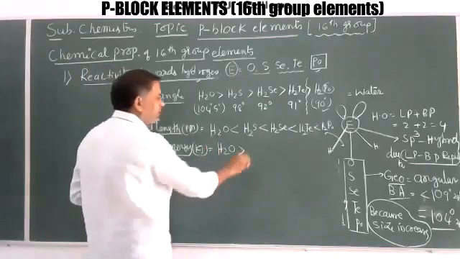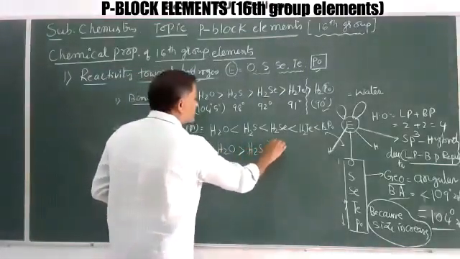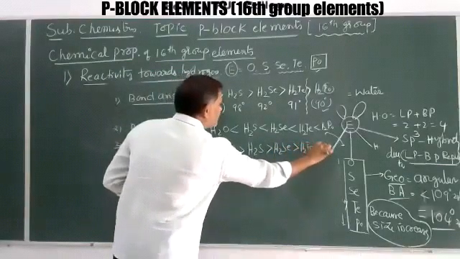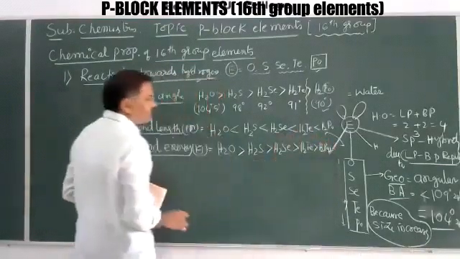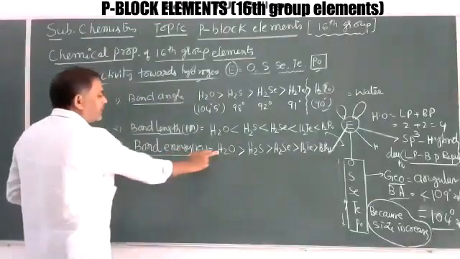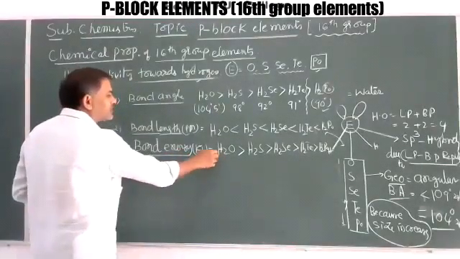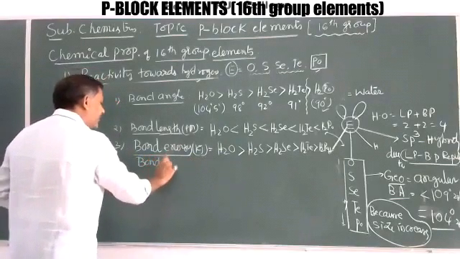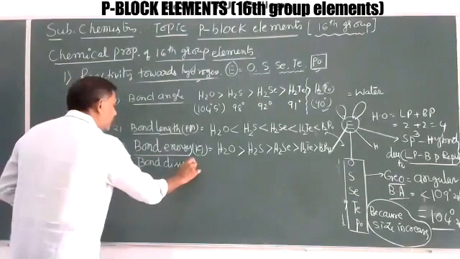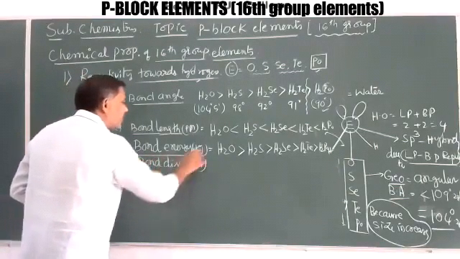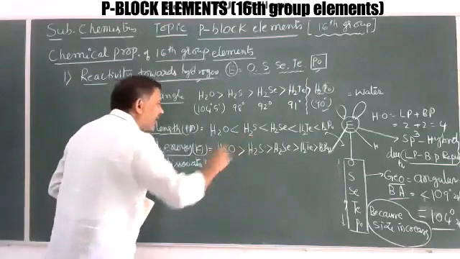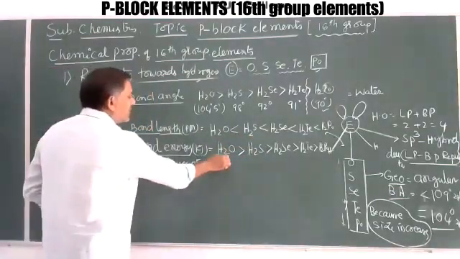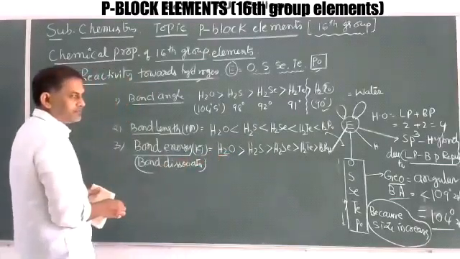That's why H2O is greater than H2S, H2Se, H2Te, H2Po. When bond dissociation energy is more, it cannot easily produce H plus ions, so removal of hydrogen does not easily take place.